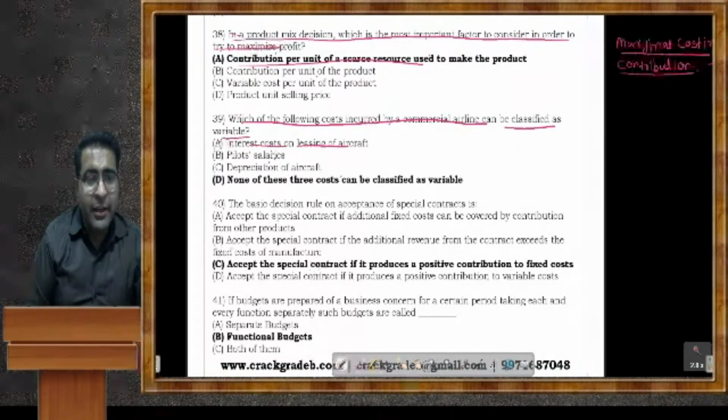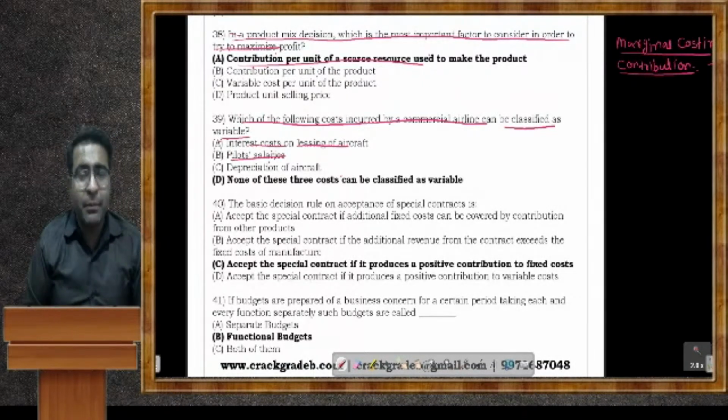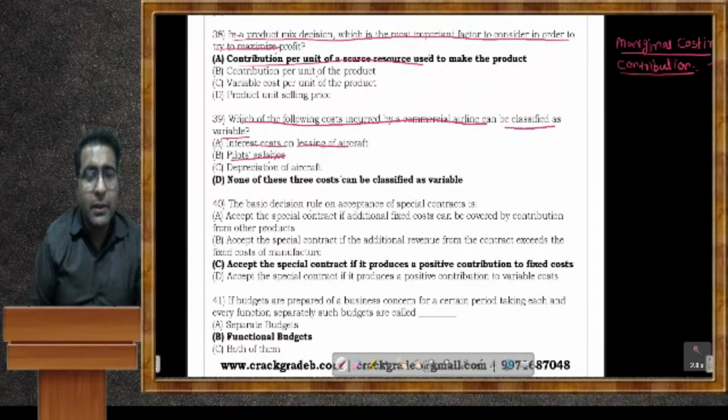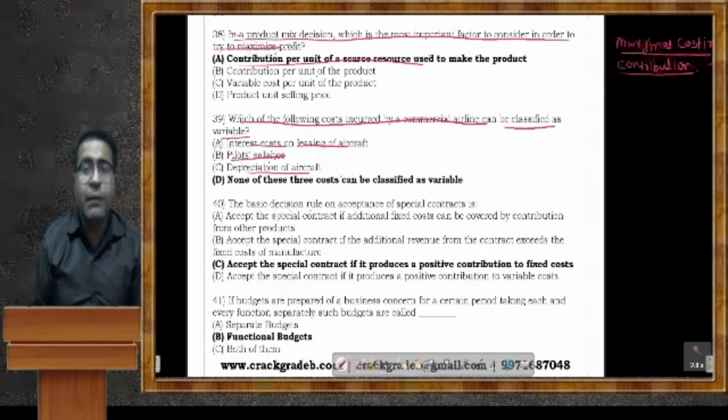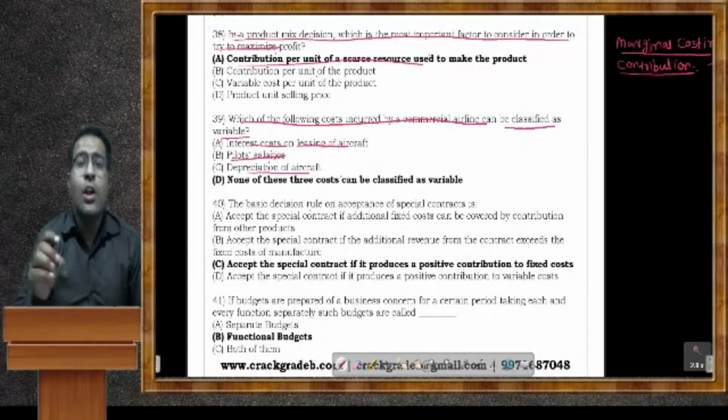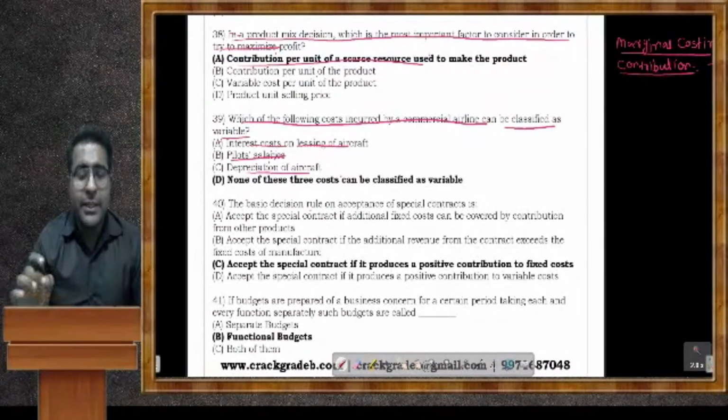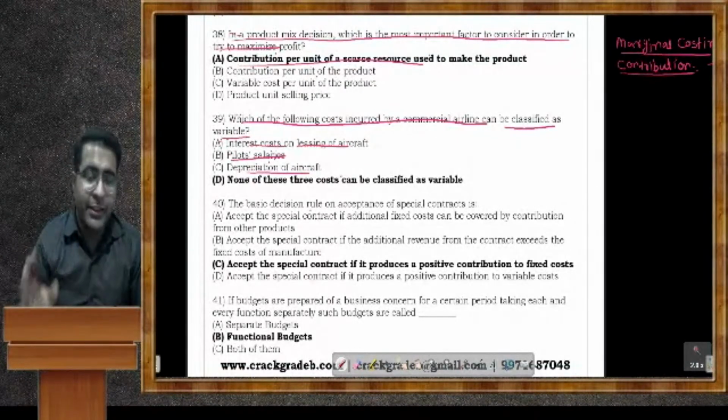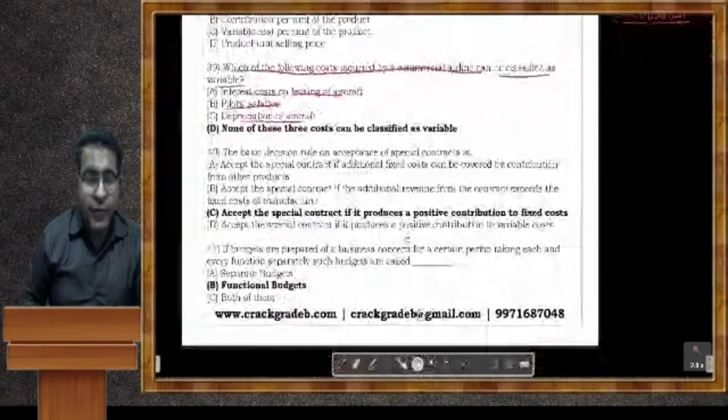Pilot salary is again a fixed charge, because the pilot does not take the amount as per the services; he takes a per month salary. Now, depreciation on aircraft is again a fixed expenditure. So none of the above is variable, all are fixed expenditure. Moving to the next.